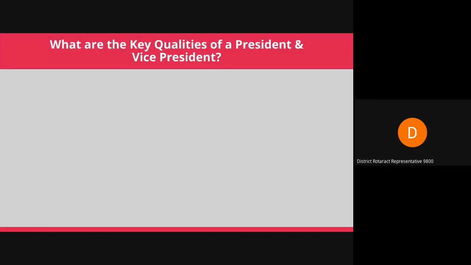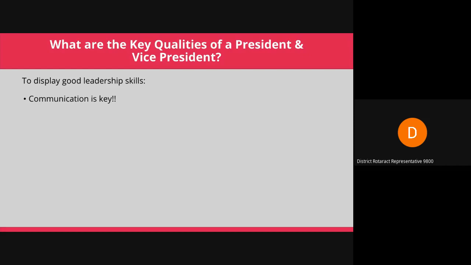So, what are the key qualities of a president and a vice president? One of the key qualities as a president and a vice president is to have good leadership skills. Leadership is a very broad topic, but I've chosen a few key leadership qualities that will be needed for these roles. The first one is communication.